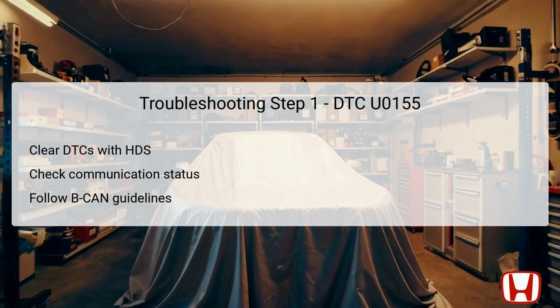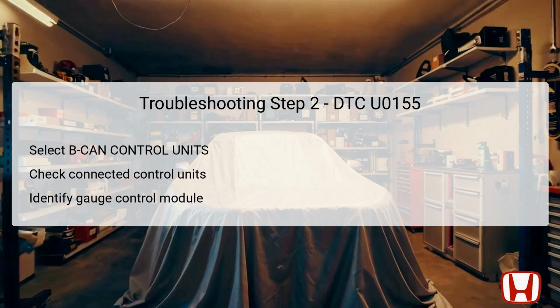A lack of reoccurrence could point towards an intermittent failure in the system. The second step involves accessing the Body Electrical System Select menu from the HDS and navigating to BCAN Control Units information. Here, you will select the option labeled Check Connected Control Units, which enables the diagnostic tool to detect all control modules connected through the Body Controller Area Network, B CAN.